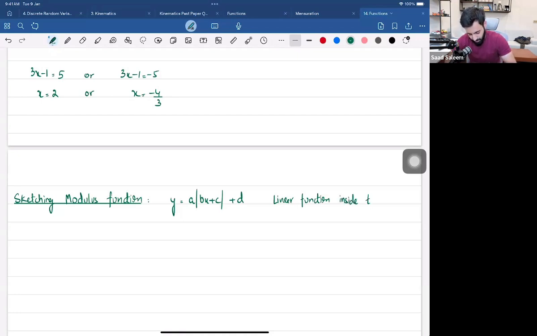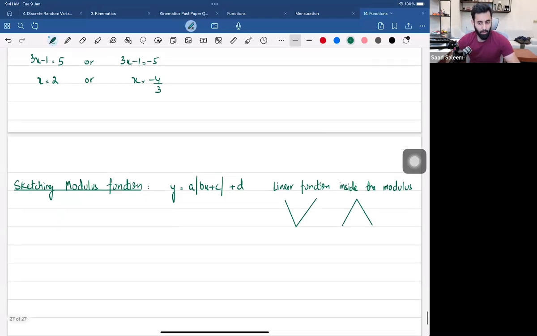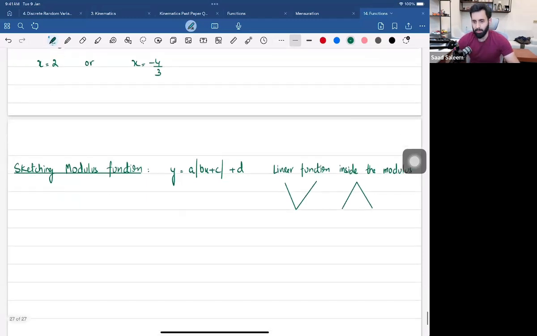So the following rules that we're going to write down apply to these kind of graphs only. Remember, these graphs are always going to be V-shaped, either something like this or something like this, always. Yes, not tested that much, but they're part of the syllabus. So we're going to learn this with the help of an example. Remember, this is called the vertex.